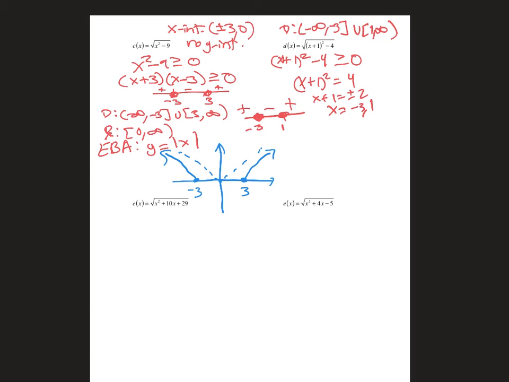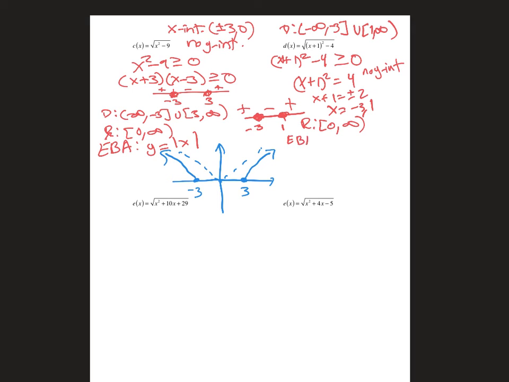And let's talk about what the range is here. The smallest value coming out of a square root can be 0, and in this case it does achieve a value of 0 at the x-intercepts. So the range would be 0 to infinity. Are there any y-intercepts? No. When I plug in 0 for x, I'm getting a negative under the square root, so no y-intercepts. Oh, I forgot to say the EBA.